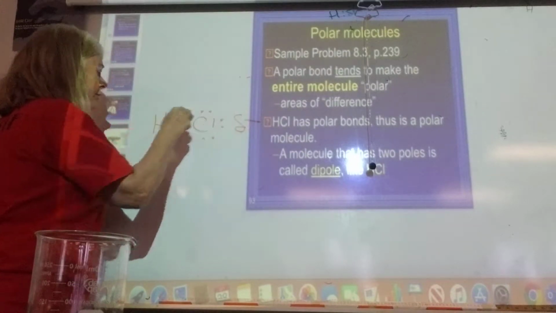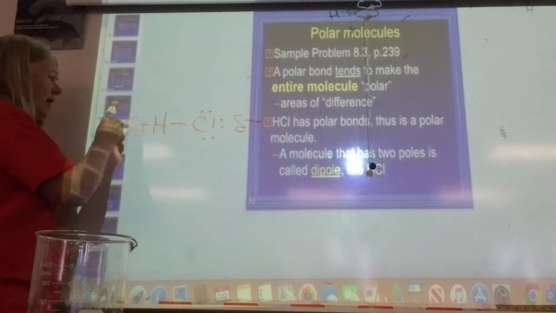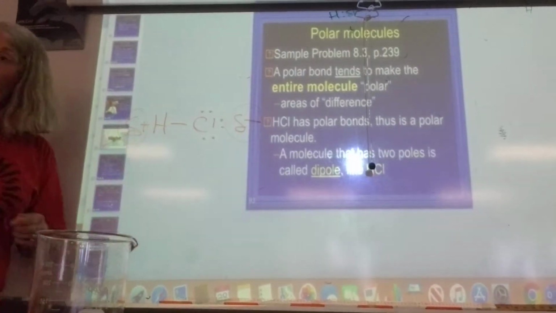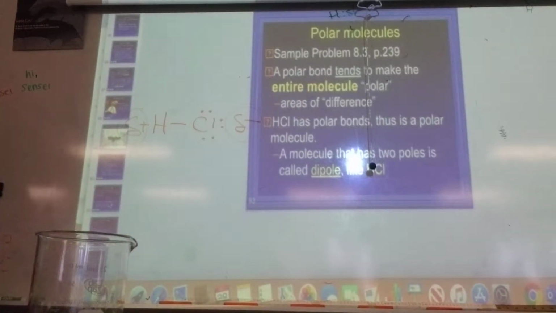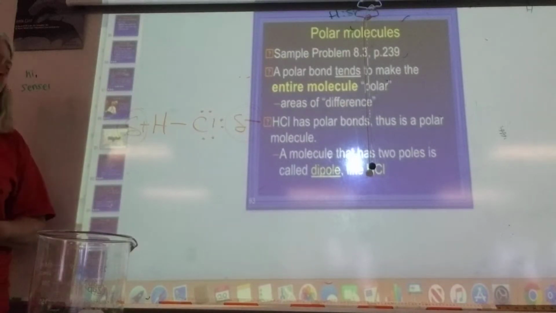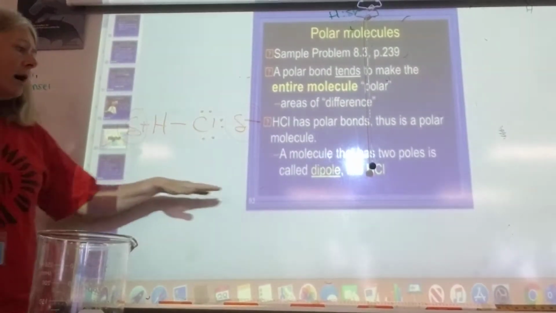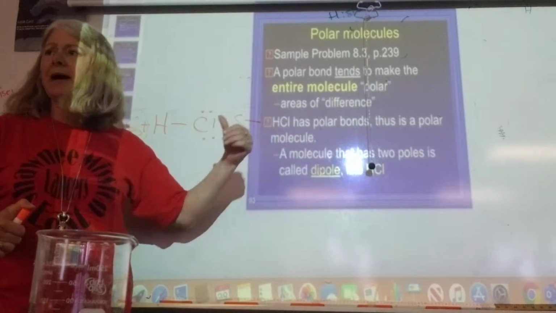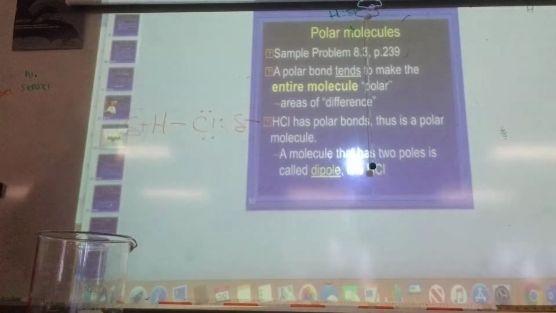Since that has a delta minus and that has a delta plus, there are 2 poles, and we call that a dipole. Not too hard there. So dipole is an interesting word, and it's sort of challenging, but all it means is that I have 2 poles, a positive and a negative. Does that make sense? So don't panic when you see that word.